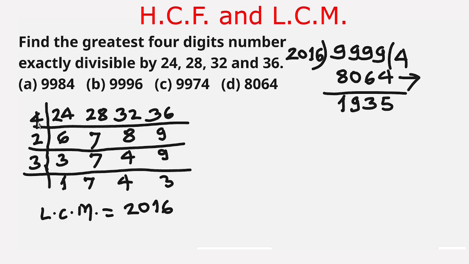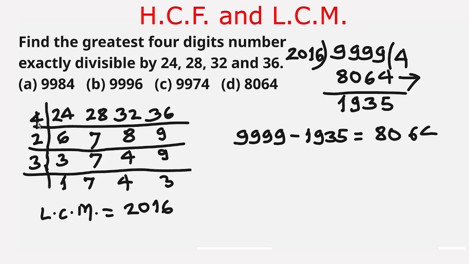This 8064 is our answer, as 9999 minus 1935 is 8064. And from the given options, our answer is option D, 8064, which is that greatest number of 4 digits exactly divisible by 24, 28, 32 and 36.